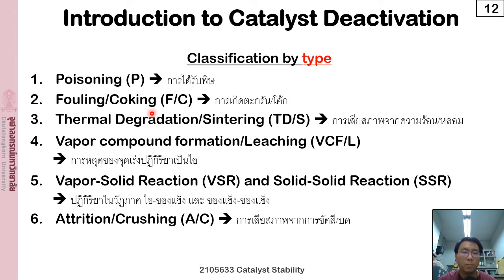And the last one is deactivation by mechanical mechanisms. The attrition and crushing of the catalyst particles makes it lose not only the active site, but if it is crushed into powders, it will be lost during the process.